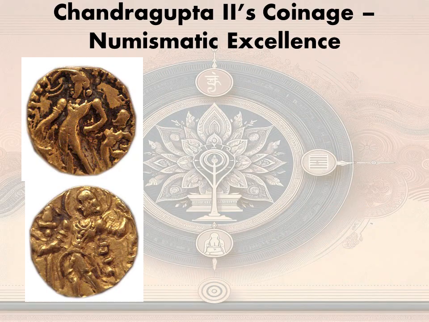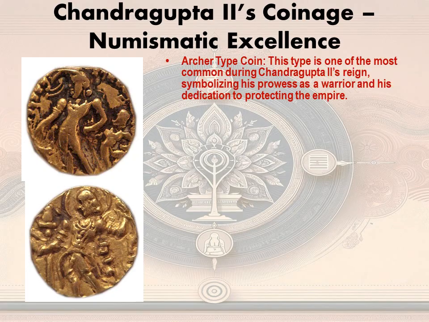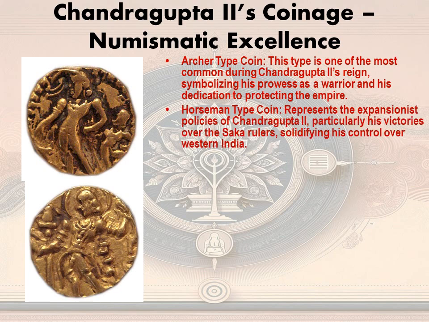Chandragupta II's coinage, numismatic excellence. Chandragupta II was a ruler whose coins were noted for the excellence in the artistry of numismatics. The archer type coin is most common during Chandragupta II's reign, symbolizing his prowess as a warrior and his dedication to protecting the empire.